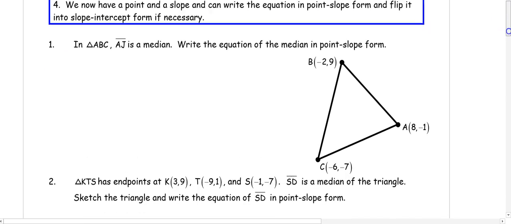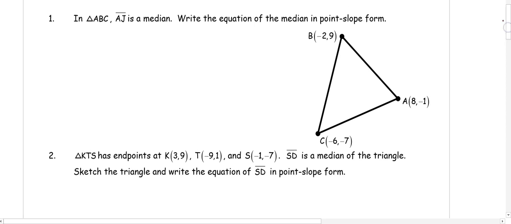So in number one, we have triangle ABC and AJ is a median. Write the equation of the median in point slope form. So the nice thing is here that they already gave us a triangle, so I'm going to draw in my median, and I'm going to call that J. So the first thing that I need to do is figure out what the coordinates of J are. So I need to find the midpoint of BC.